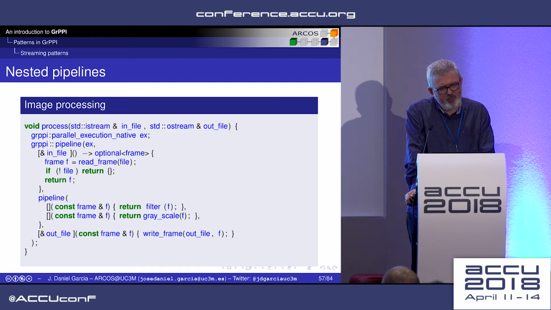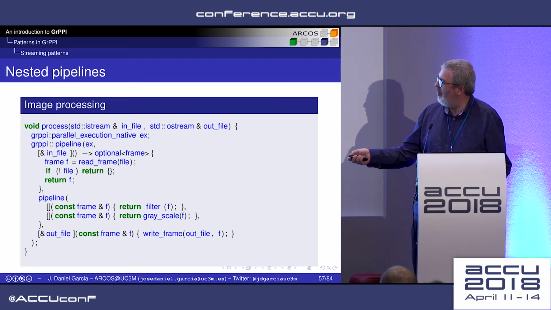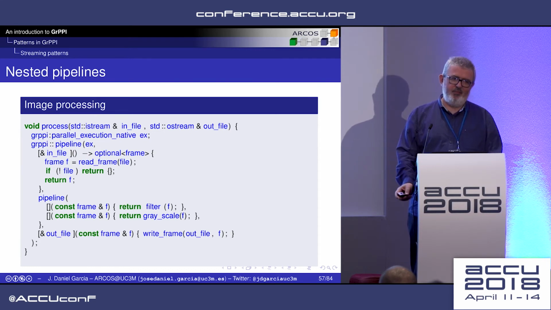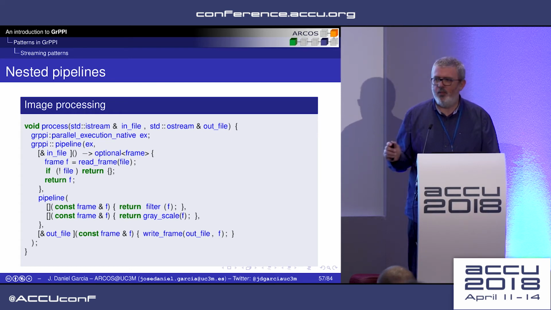No, every lambda, so this lambda will be running all the time in one thread. This lambda will be running all the time in a different thread, so they could have modifiable state internally, and that would not be a problem. Yep. Okay.